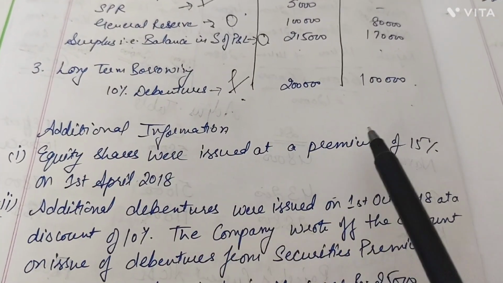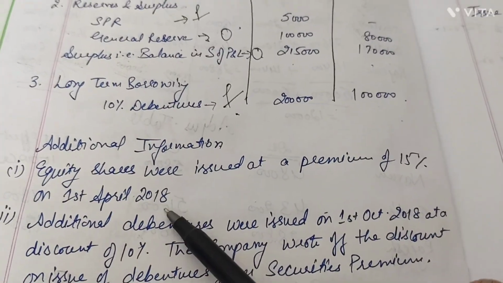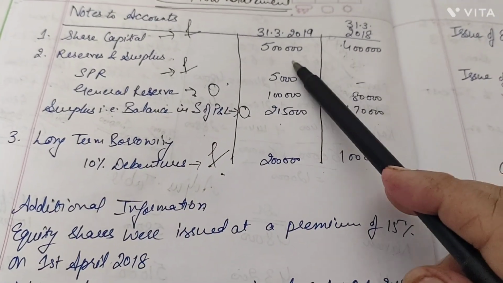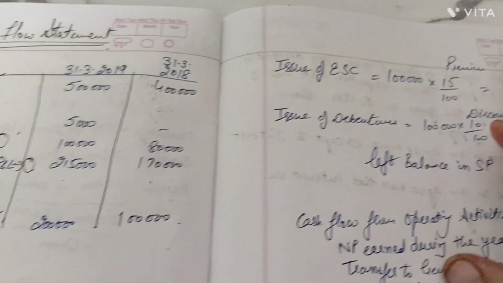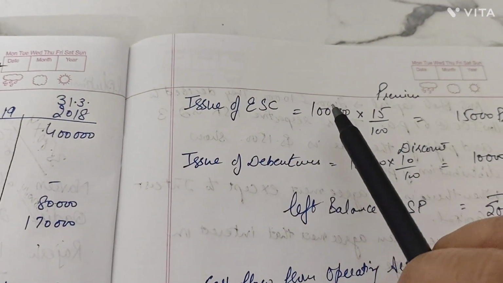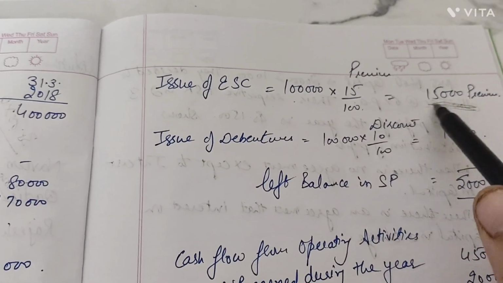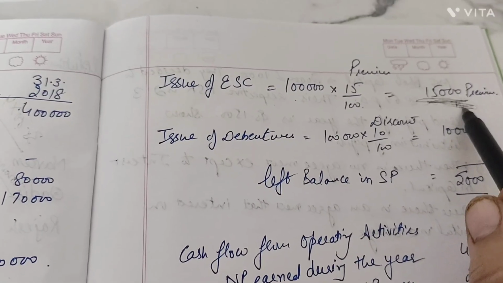Equity shares were issued at a premium of 15% on 1st of April 2018. Now, the equity share capital has increased by 1 lakh rupees, issued at 15% premium, so 15,000 was the premium on the issue of equity share capital, right?